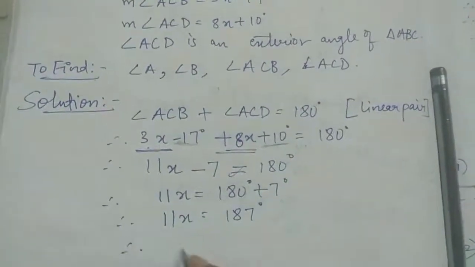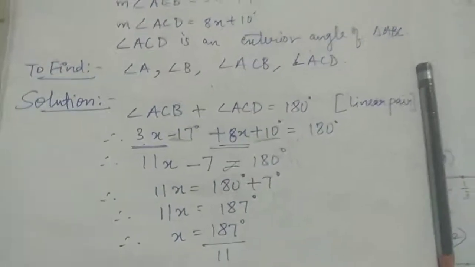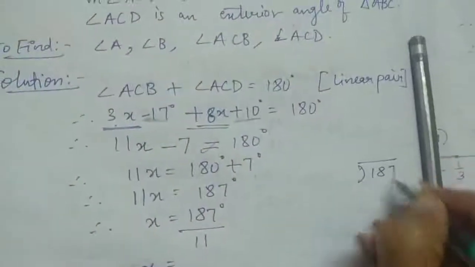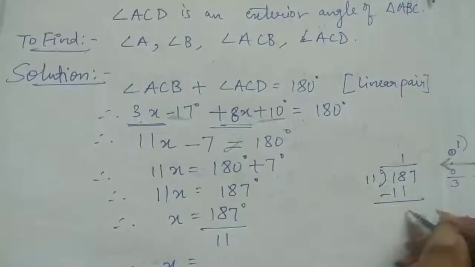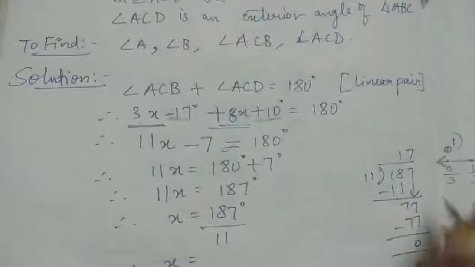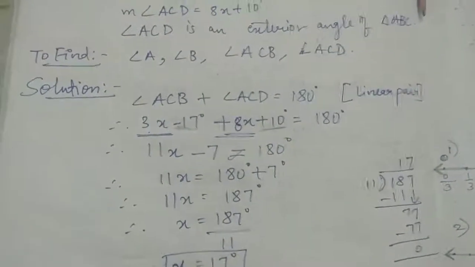Now 11 will go on to that side and becomes division. Let us divide here. 11 ones are 11. 11 sevens are 77. So how much is x? 17 degree.